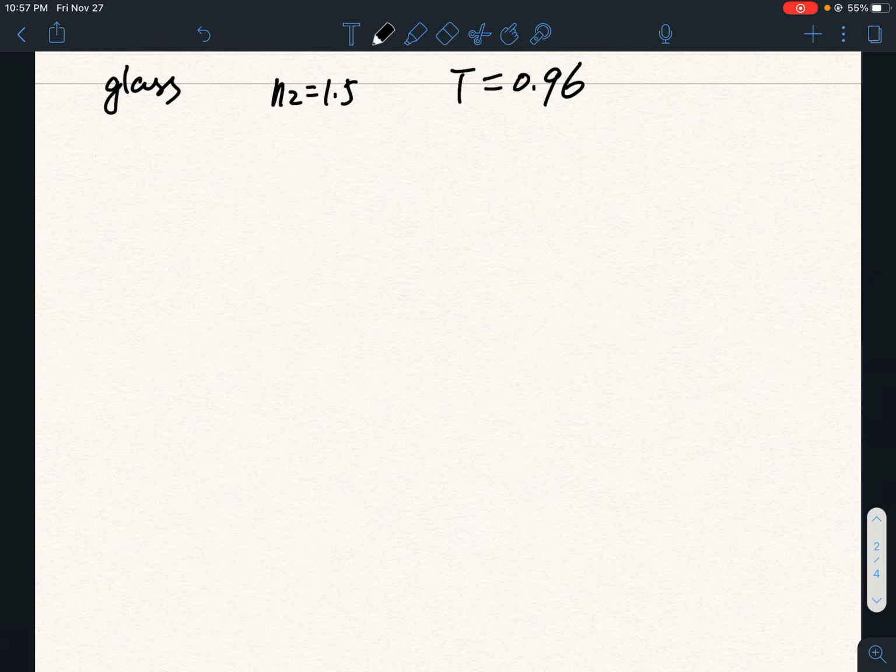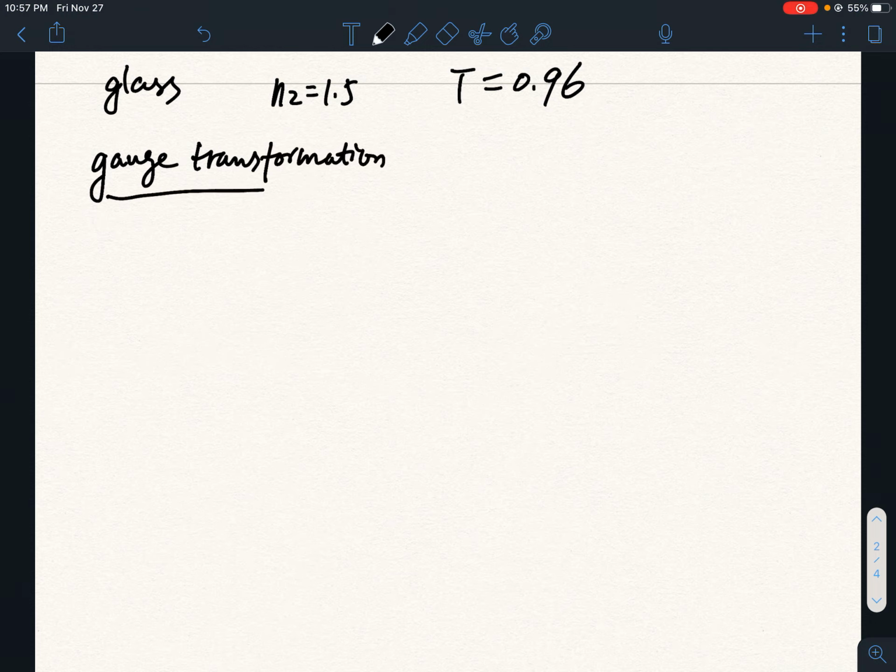Okay. So now I want to talk about the last topic, which is the gauge transformation. Remember that for Maxwell's equations, we have del dot E equals rho divided by epsilon 0.